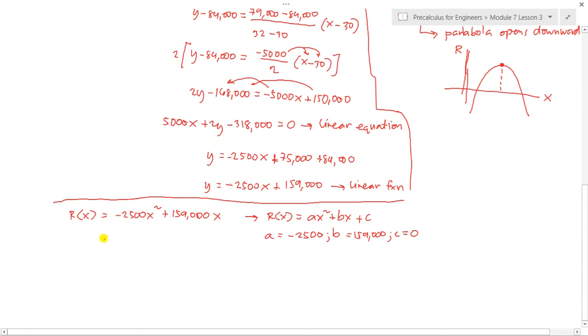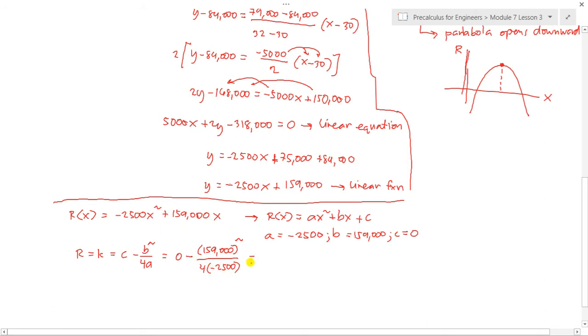To solve for the maximum revenue, R is equal to k, since k corresponds to the vertical axis, the y-axis, and the variable designated there is revenue. R equals k, which is c minus b squared all over 4a. C is 0, so we have 0 minus b squared, that is 159,000 squared, all over 4 times negative 2,500.